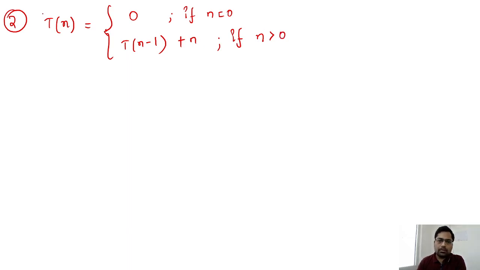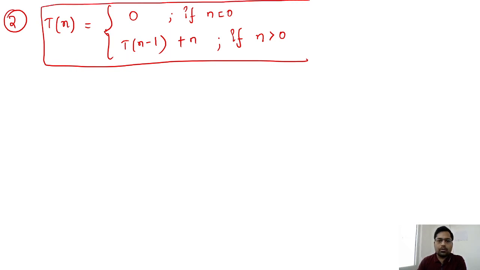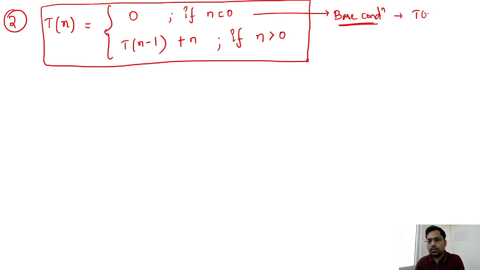Now you have to go for the solution using the recurrence relation. This is the base condition. The base condition is T of 0 equal to 0. Instead of n, you are putting the value. That is why, if n equal to 0, you are getting the base condition.